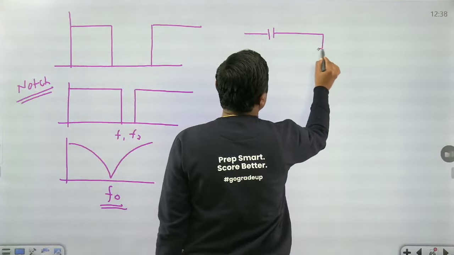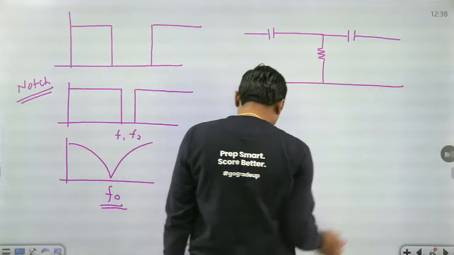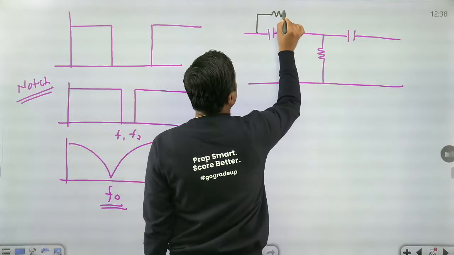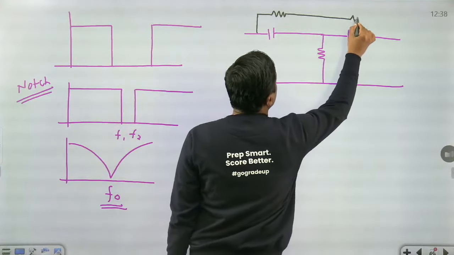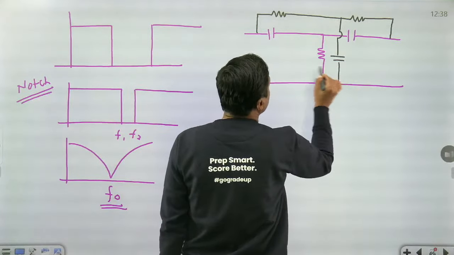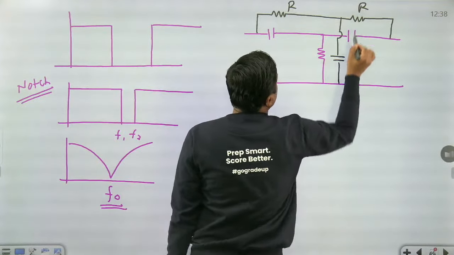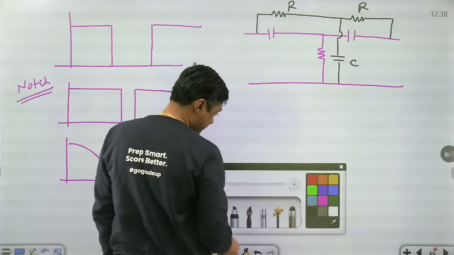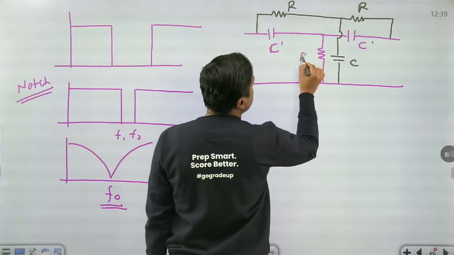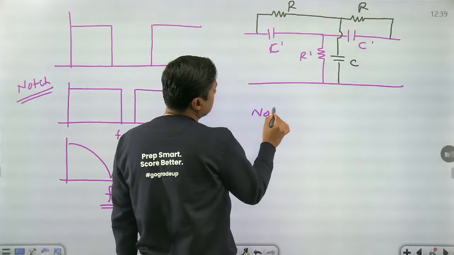A high pass filter and a low pass filter are connected in parallel. This is called a twin T network, with R, C, and C dash, R dash. A high pass filter and a low pass filter connected in parallel is called a notch filter.